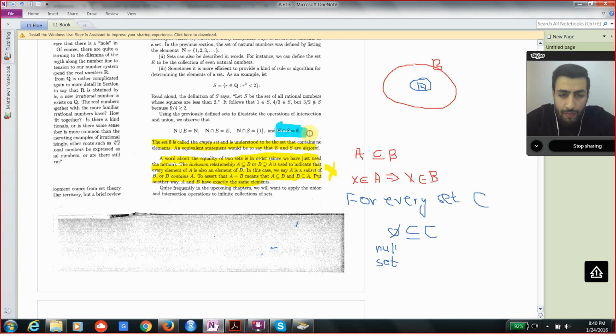This statement here is what he's referring to. And equivalent means that it's the same as. So he's saying that saying the intersection of E and S is equal to the null set is the same as saying they're disjoint. Okay, so in a sense he's actually defining disjoint. He's saying disjoint is the same as the intersection of two sets being equal to the null set.